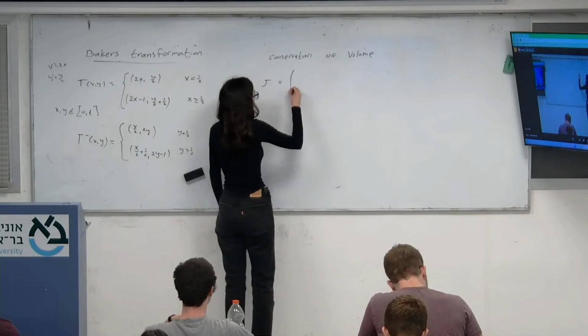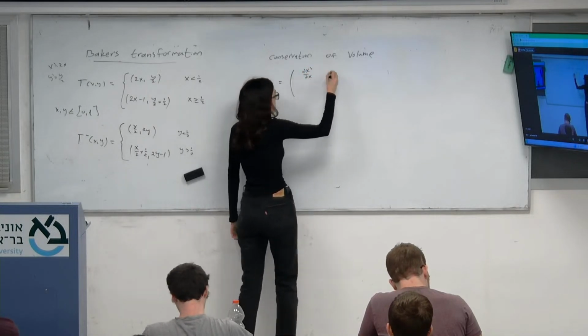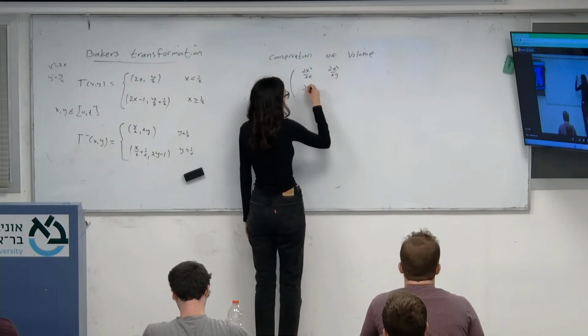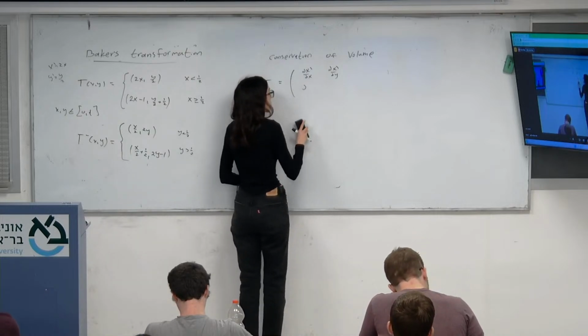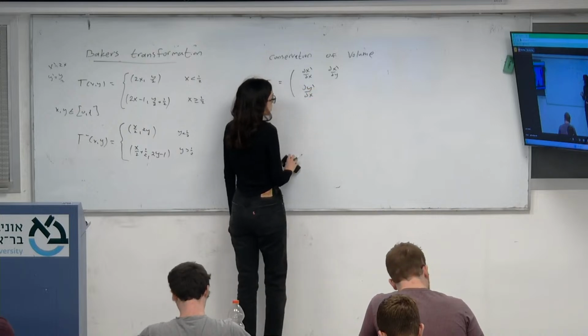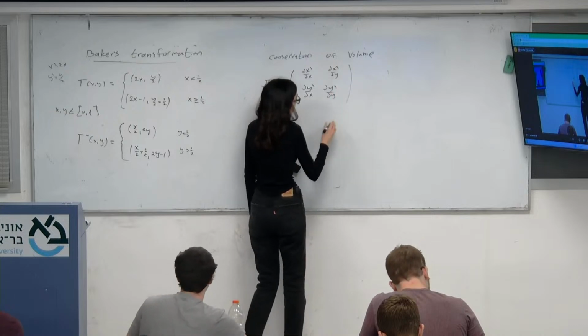So the Jacobian is going to be dx tag over dx, dx tag over dy, dy tag over dx, dy tag over dy.